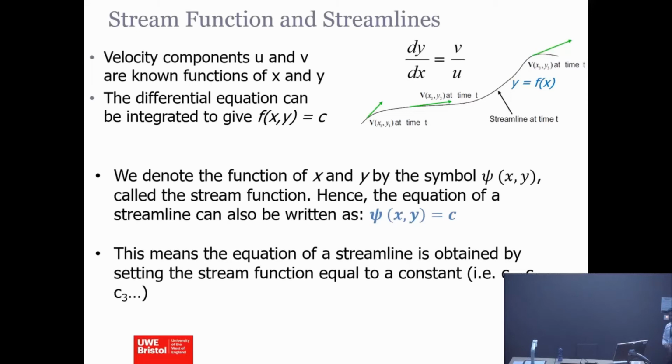And for different streamlines, we will have different constants. So for one streamline, psi(x, y) equals c1, another streamline, psi(x, y) equals c2, and so forth. So you have different streamlines, different stream function values. Is everyone clear? Hopefully. So that's the concept of stream function.